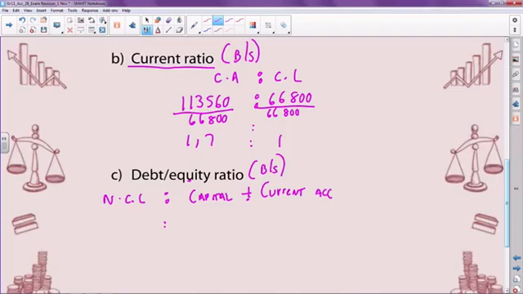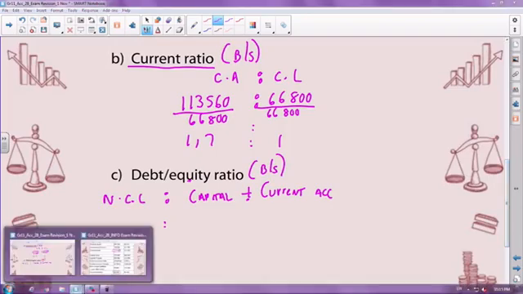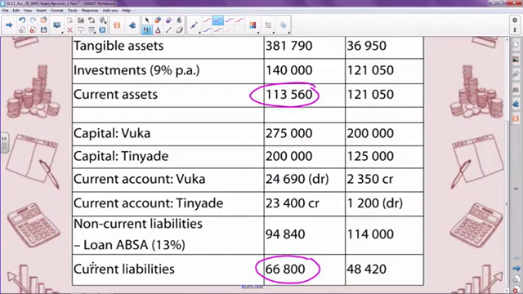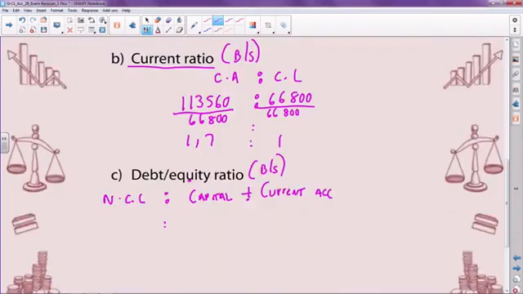Okay, right, so once again, for the debt equity ratio, we're going to get our information from the balance sheet. So let's start with non-current liabilities. My non-current liability is a loan from ABSA, 94,840. So let's transfer that. And that is being compared to my capital plus my current account.